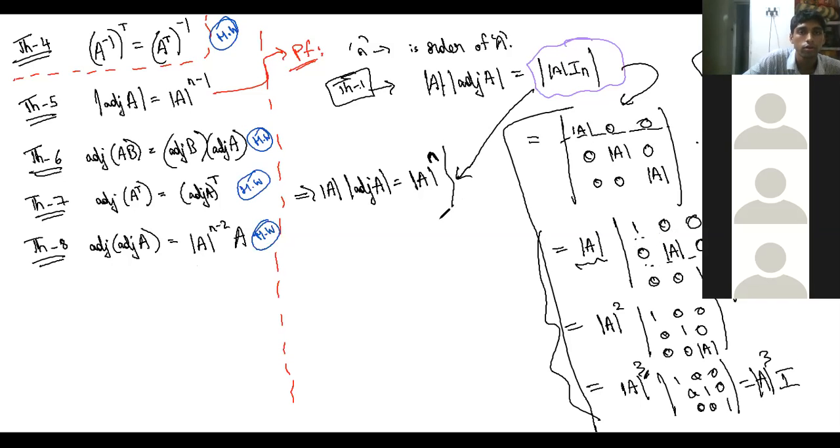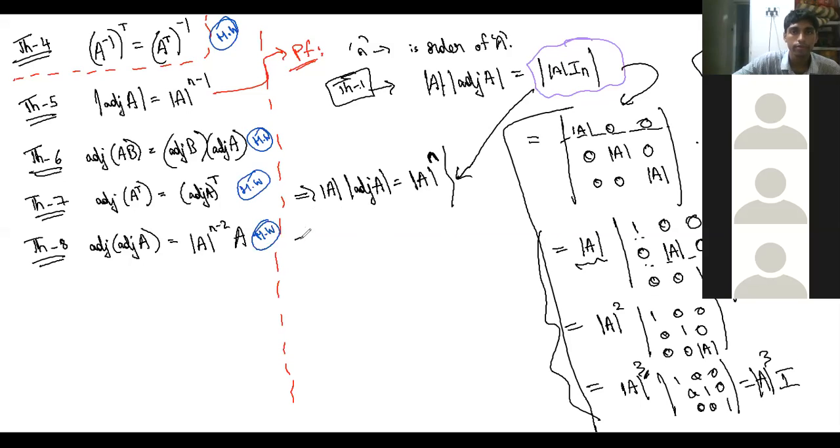That is what she did. Okay. So after you take it out of n rows, it becomes determinant of A power n into I. And then determinant of I is 1 anyway. So this is the only thing which will remain. Okay.